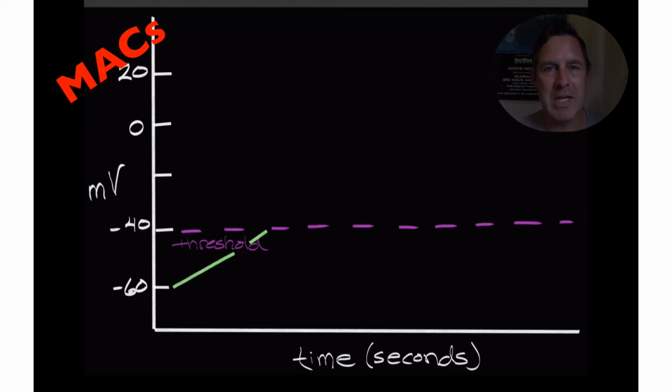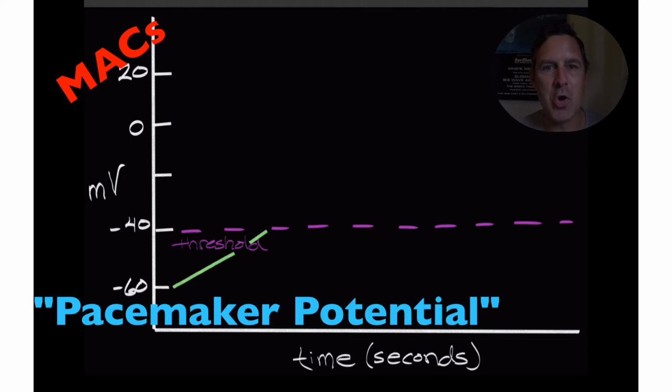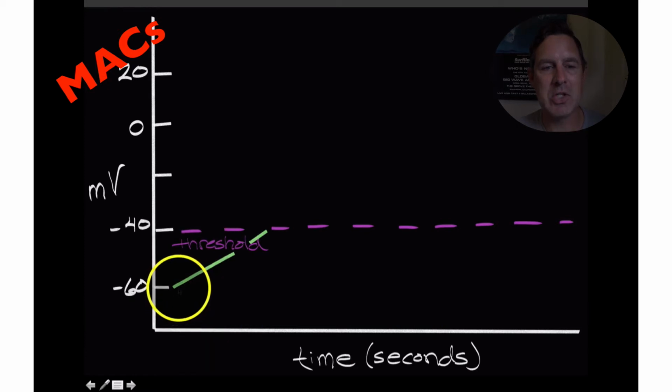And we are going to have an initial slow depolarization of these MACs that is referred to as a pacemaker potential. So there is no resting membrane potential in MACs. That is replaced with a pacemaker potential. And as we can see, that is slowly exhibiting a depolarization event.